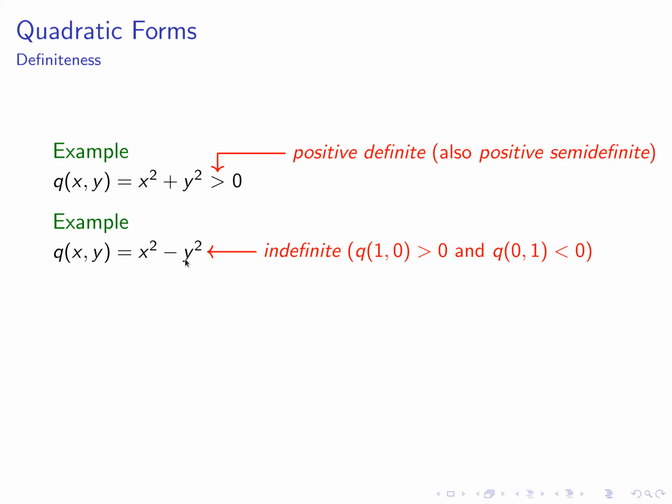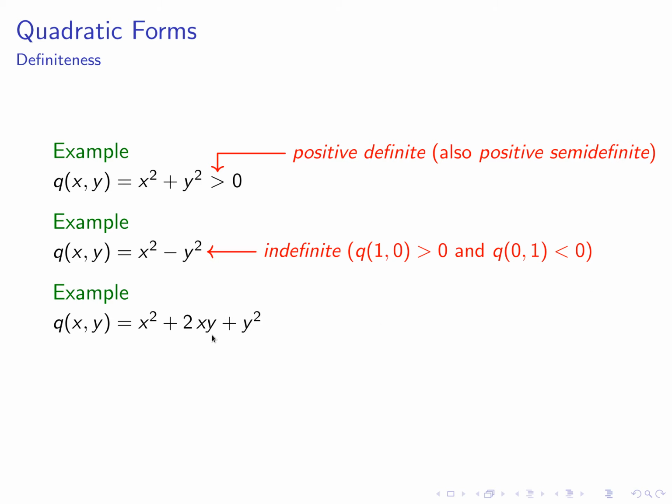This tells us that this quadratic form is indefinite. To illustrate by example, if we plug in 1, 0, we get 1 minus 0, which is 1, which is positive. And if we plug in 0, 1, we get 0 minus 1, which is -1, which is negative. So sometimes this quadratic form is positive, and sometimes it is negative. This tells us that this particular quadratic form is indefinite.